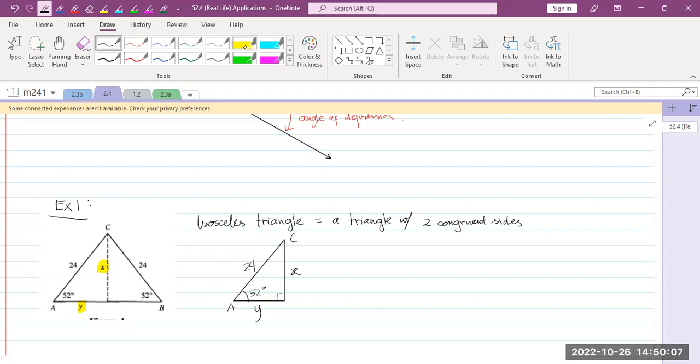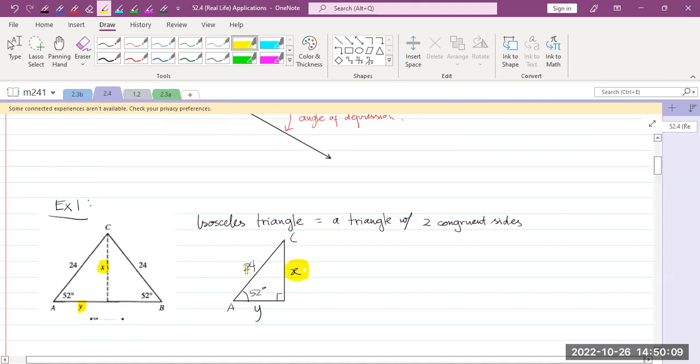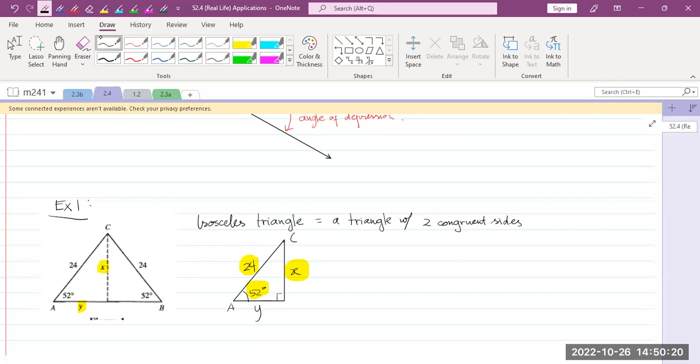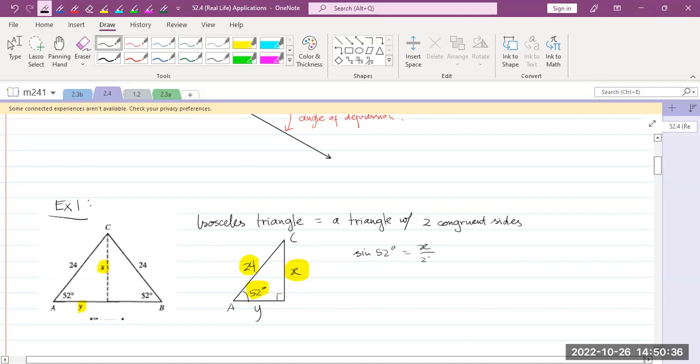What relates x and 24 and 52? What trig function relates these three? Of course, when I say which trig functions, I'm referring to the primary ones because that's what we have in our calculator. So what trig function relates x, 24, and 52 degrees? That is sine function, right? Sine 52 degrees equals x over 24.